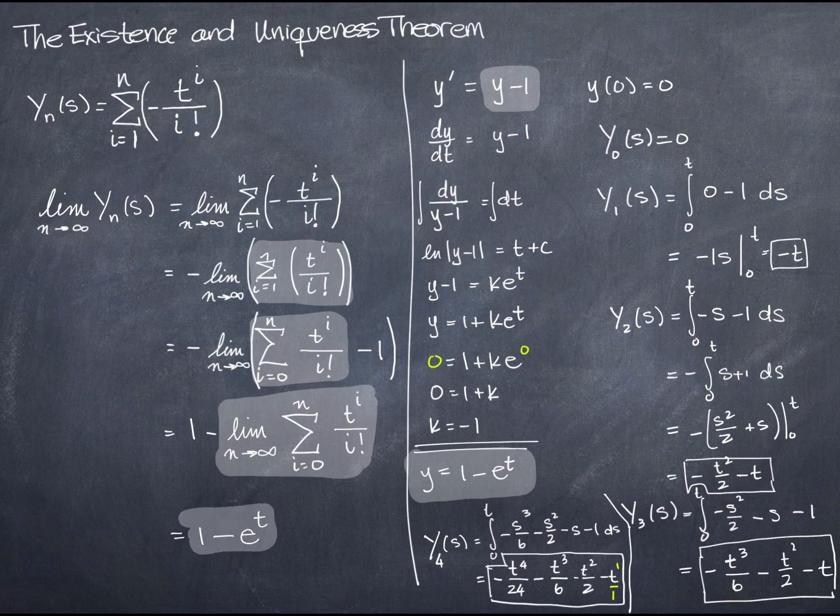It's hard to believe, but that is the solution that we came up with before, right? So if I do Picard's method for 4 terms, I get this polynomial. And if I could do that an infinite number of times, then I would get the exact particular solution of the differential equation I started with.